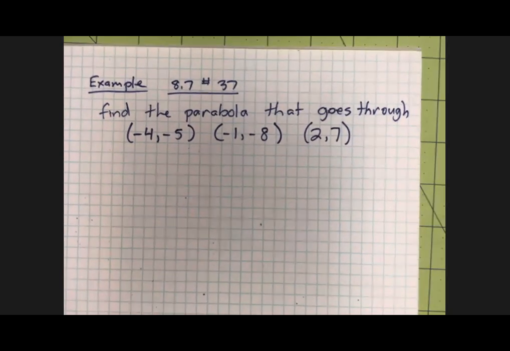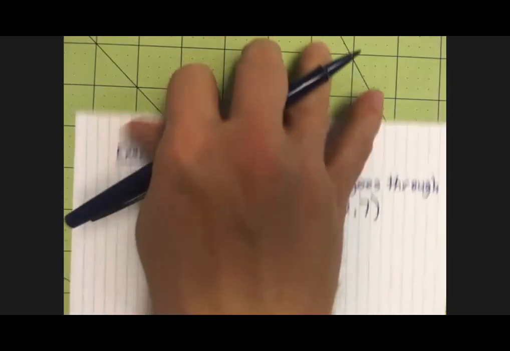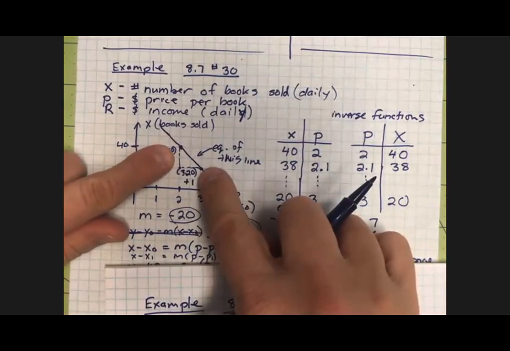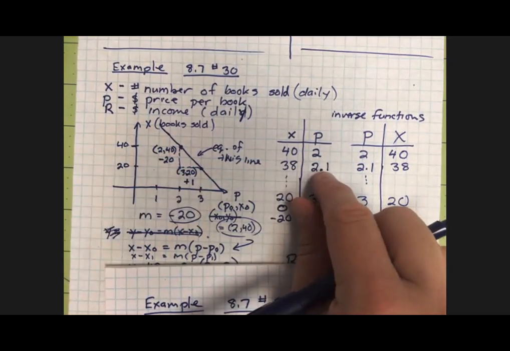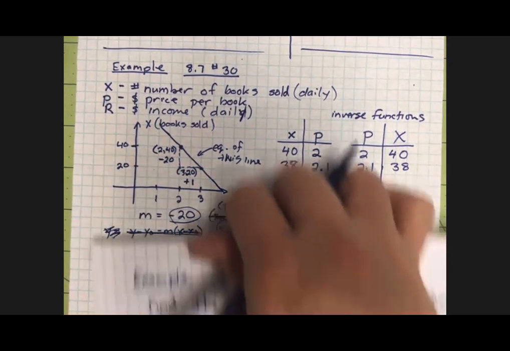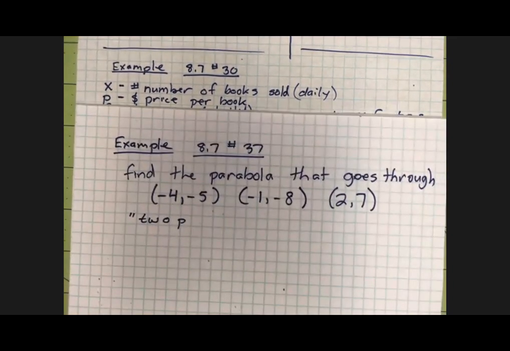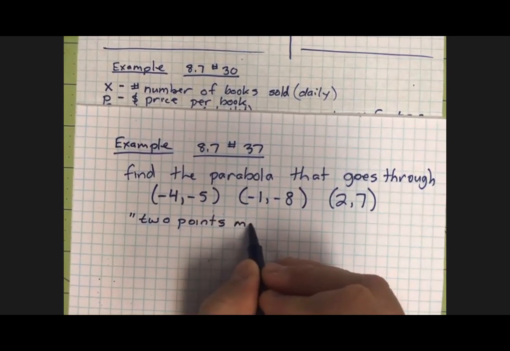And a little video lag there. Let's think back to the last problem. In the last problem, I had 2 points, and I knew that that generated a line. And probably you've heard this saying before: 2 points makes a line.